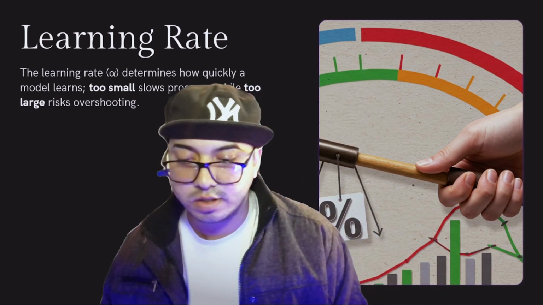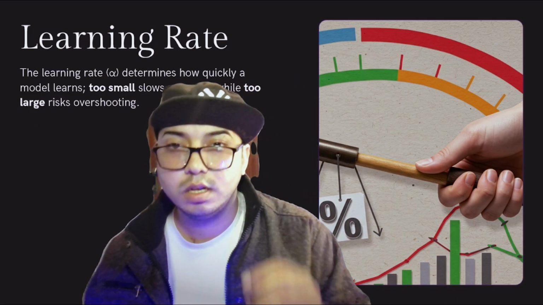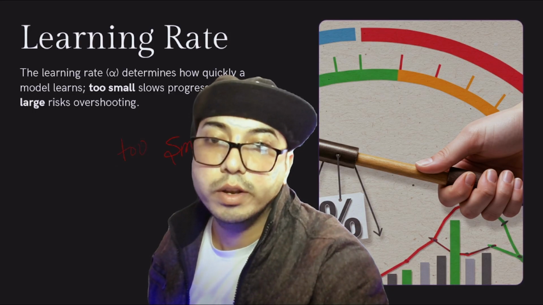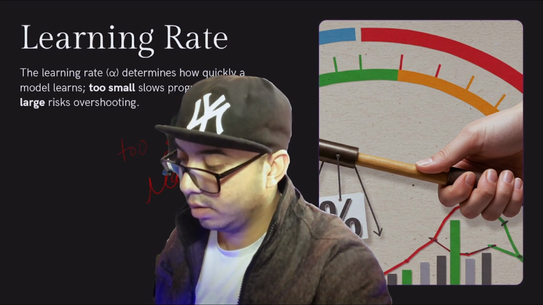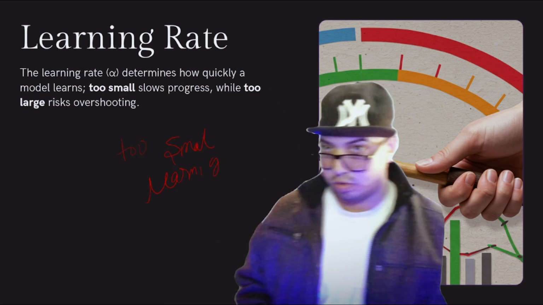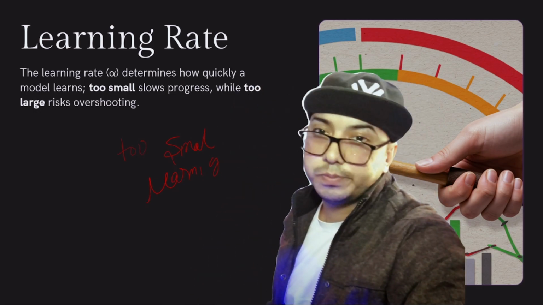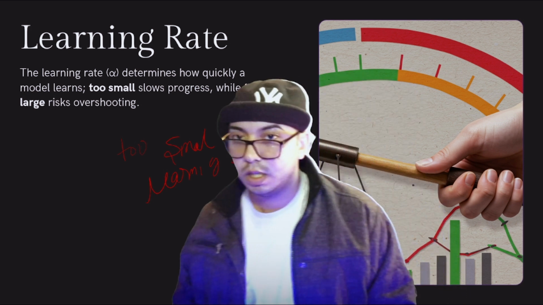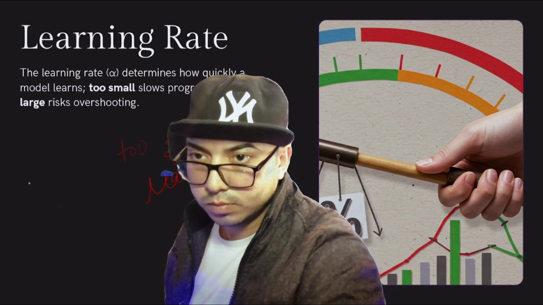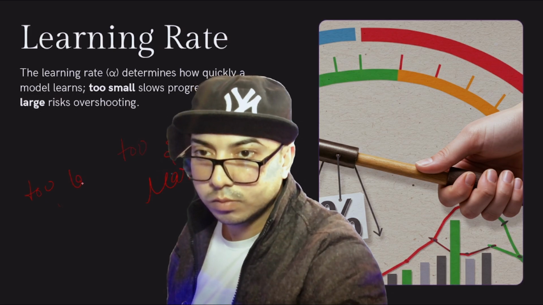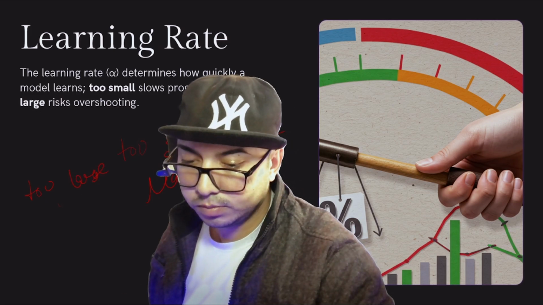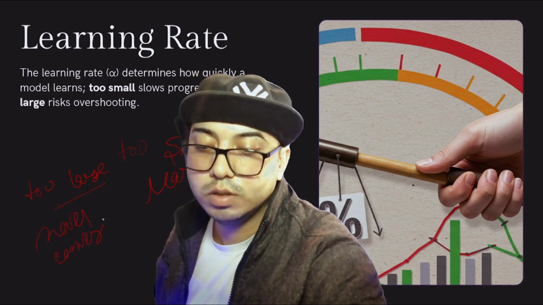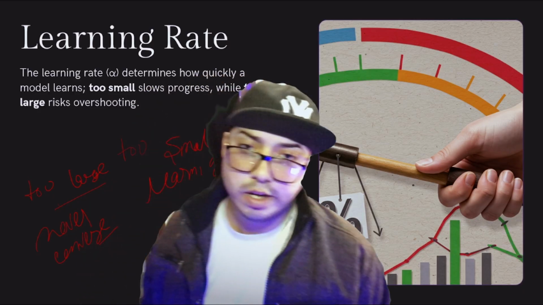If it is too small, learning is slow. If it is too large, the model may never converge. So choosing the right learning rate is critical.